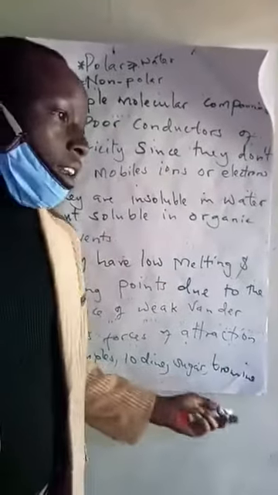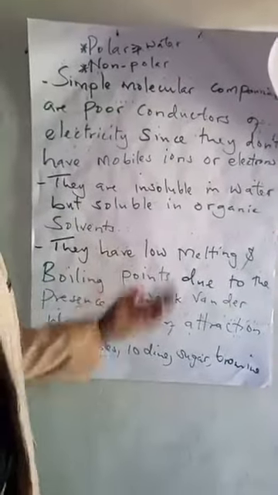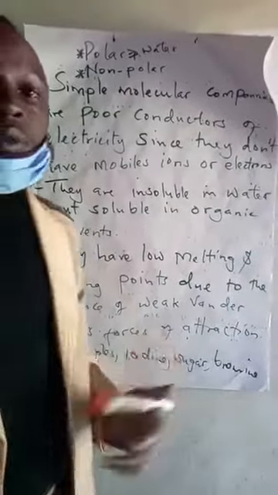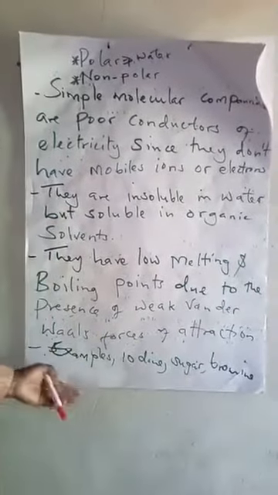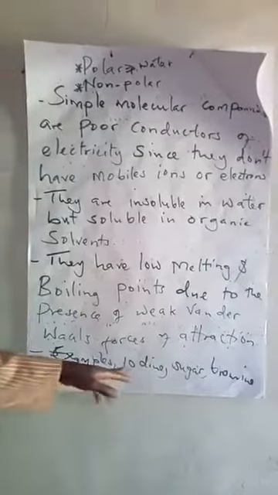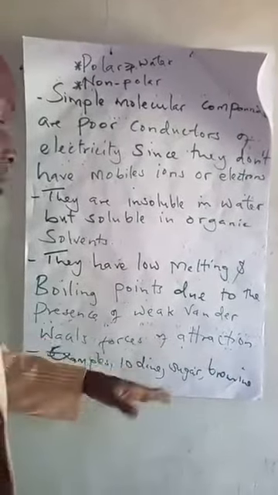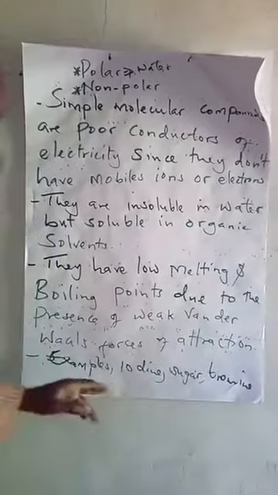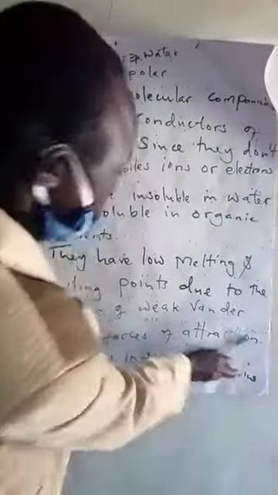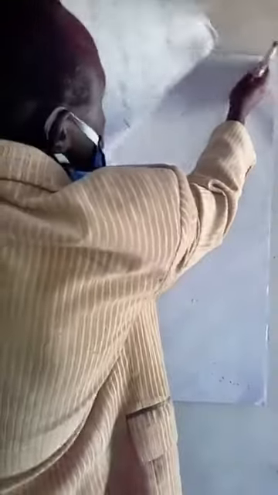Also the fuels, the substances separated from crude oil, are other examples. The petrol, diesel, those ones, they are simple molecular liquids. So that is as far as simple molecular structure is concerned. We remember that it forms simple molecules.